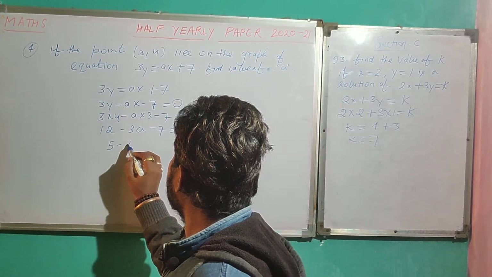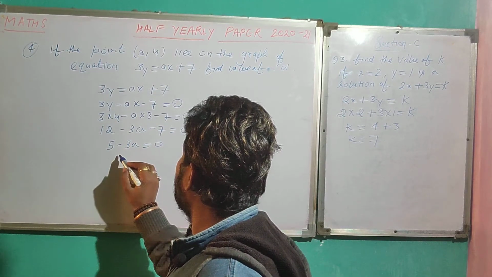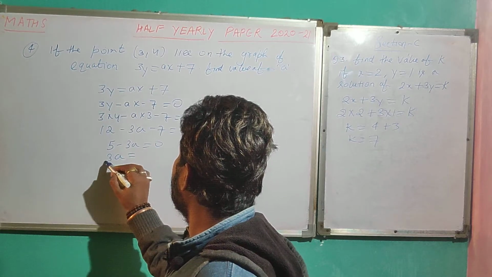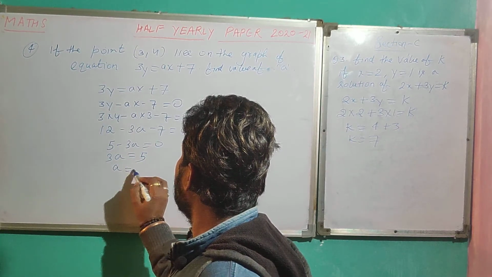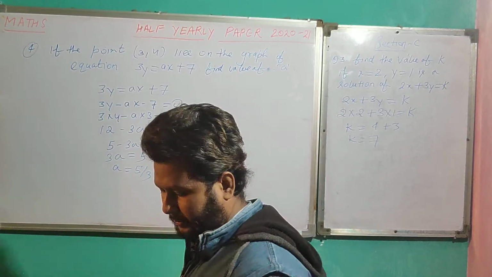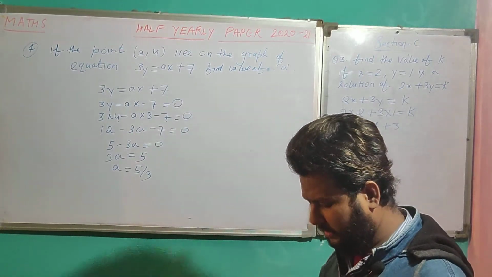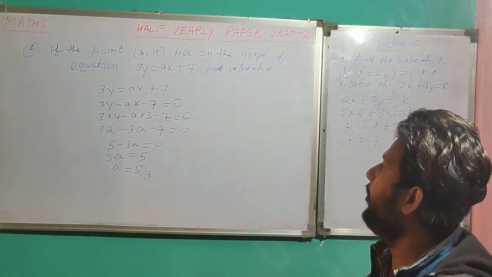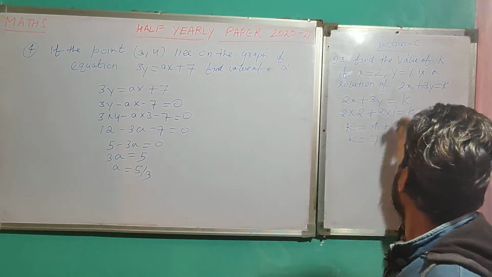Therefore 5 minus 3a is equal to 0. Therefore 3a is equal to 5. Therefore a is equal to 5 upon 3. Okay. You get the value of a is equal to 5 upon 3.